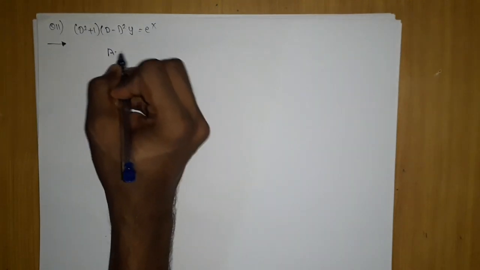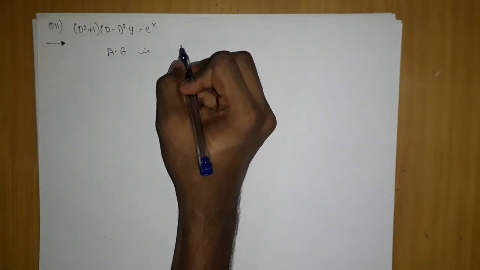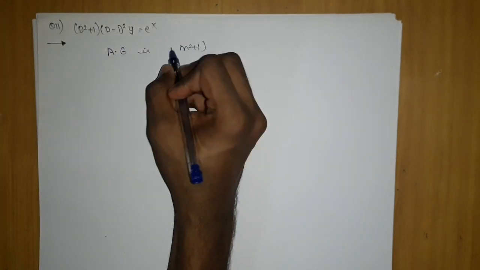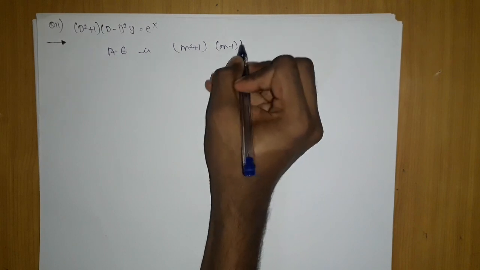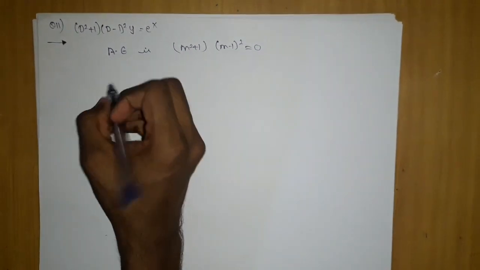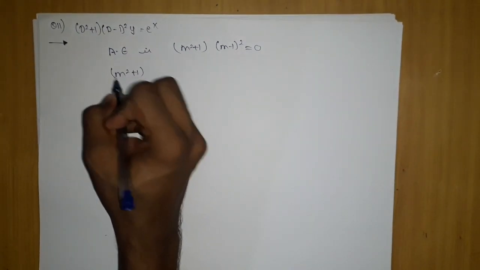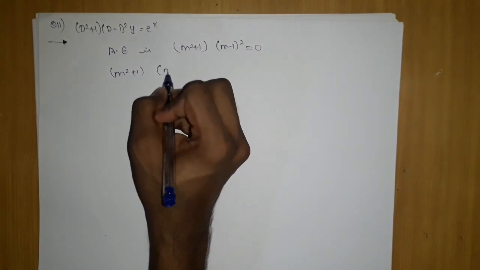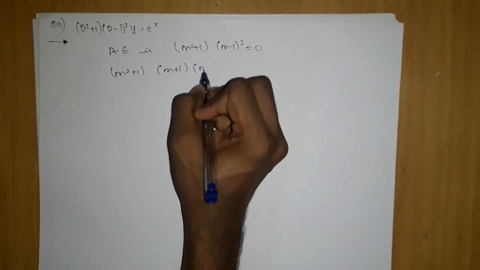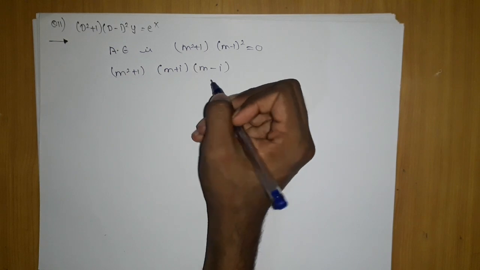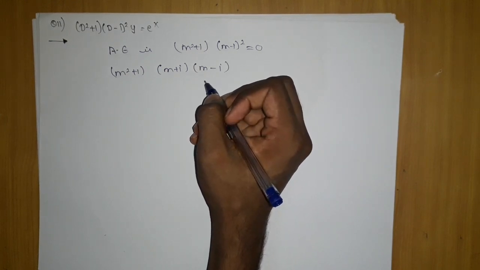So firstly, the auxiliary equation is nothing but m square plus 1 into m minus 1 the whole square equal to 0. So you are having m square plus 1, which you can write as m plus iota into m minus iota.